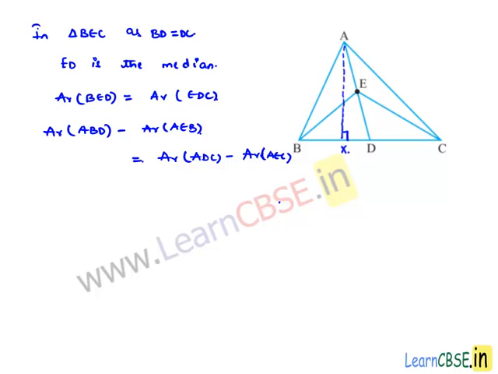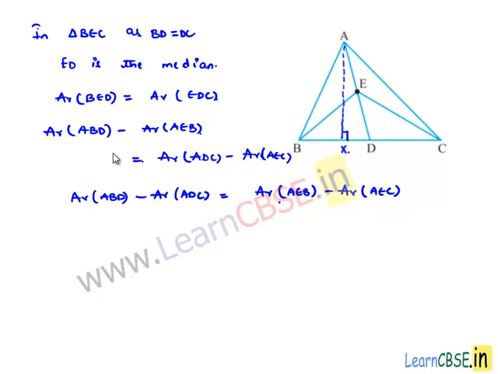Now let us rearrange the terms, then we get area of ABD triangle minus area of triangle ADC is equal to area of triangle AEB minus area of triangle AEC.